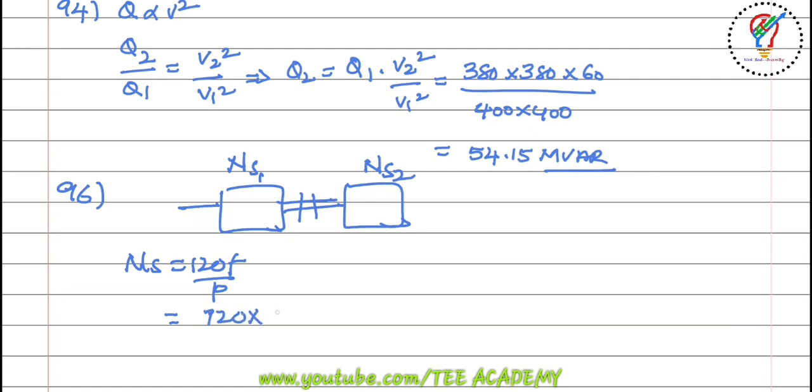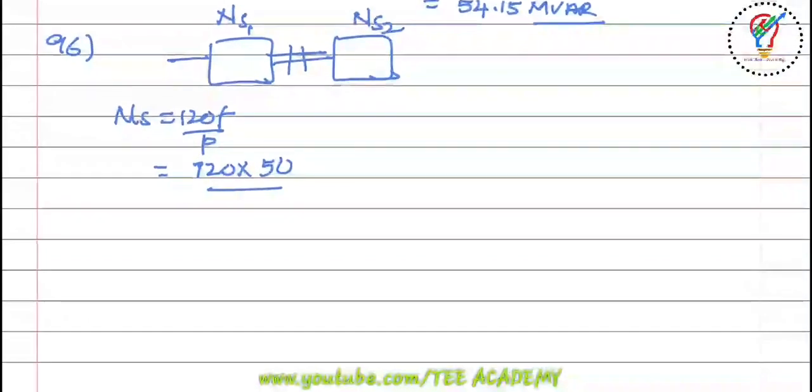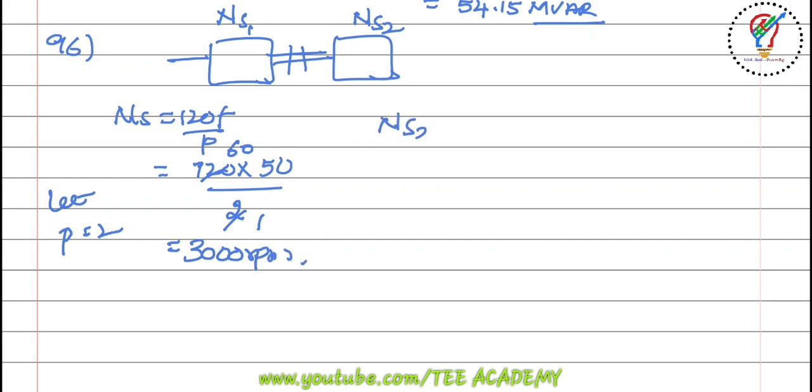We can assume the poles as 4 or 2, so we will take the minimum number of poles, p is equal to 2. So 120 into 50 divided by 2 means 3000 rpm. Similarly ns2 is for 60 Hz, so 120 into 60 divided by 2, which is nothing but 3600 rpm.